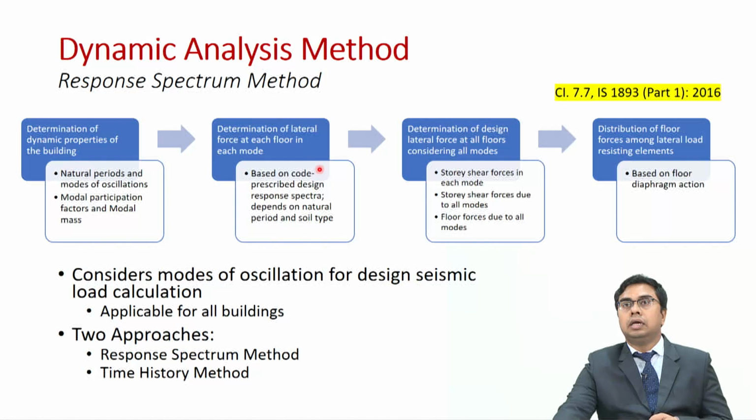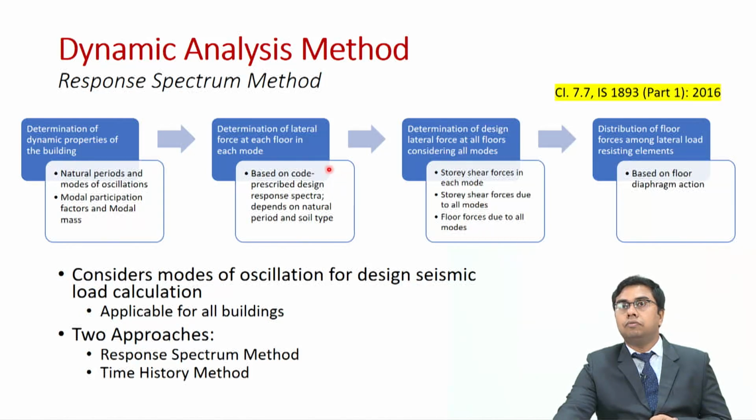We shall use a design response spectrum which is prescribed by our code IS 1893 part 1 2016. The response spectrum will depend on natural period, damping ratio of the system as well as the soil type. We shall look at this design response spectrum as we go through today's class.